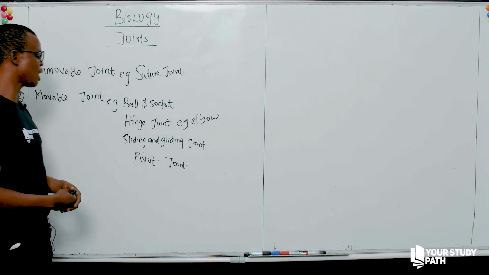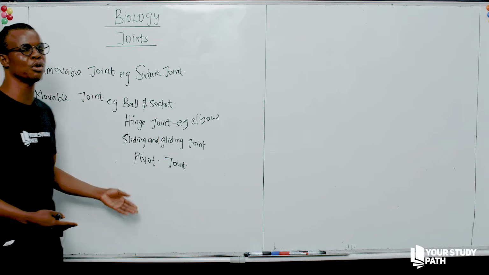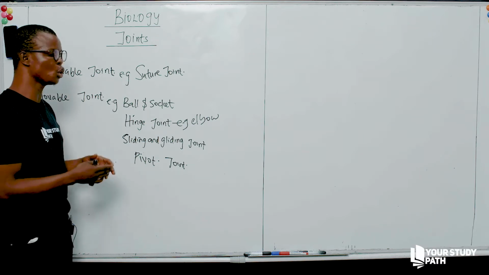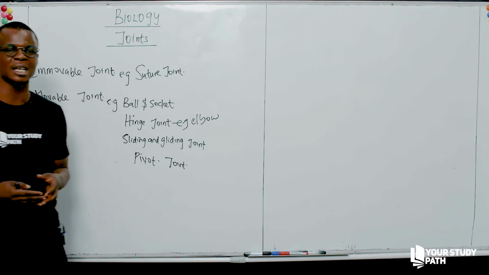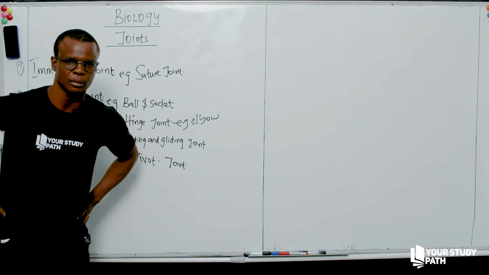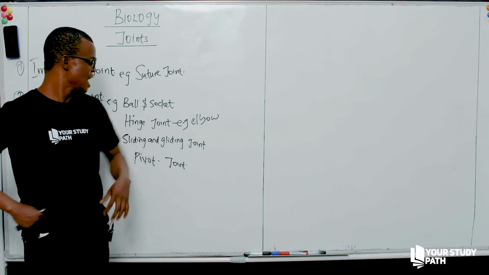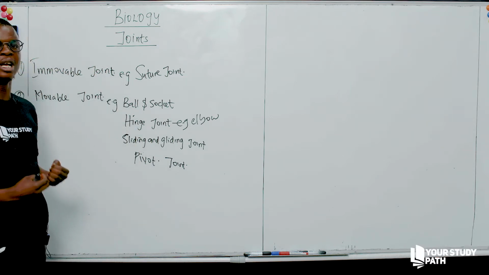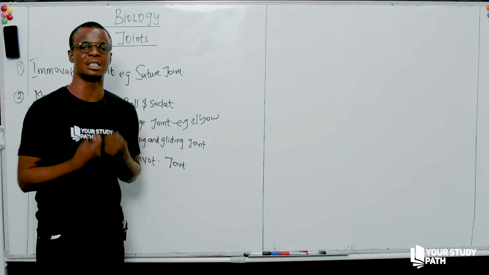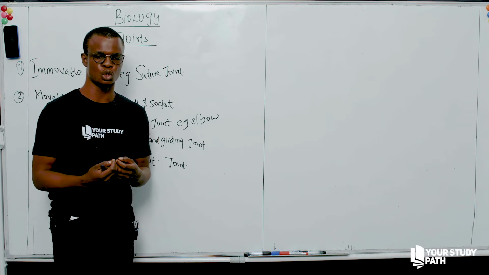The next one, and the final one, is the pivot joint. The pivot joint is also located at the waist region. It is a movable joint that cannot move 360 degrees, but to an extent it moves to 180 degrees.